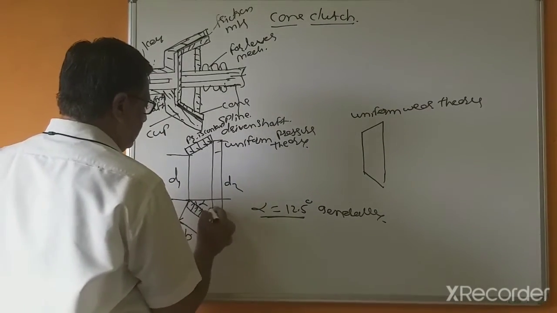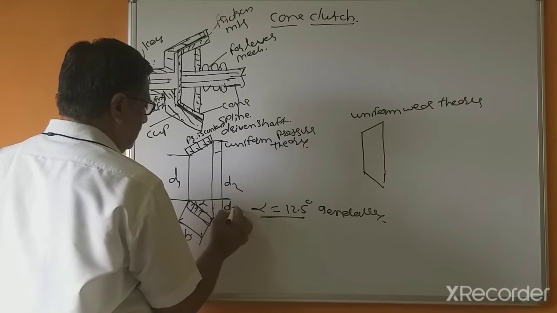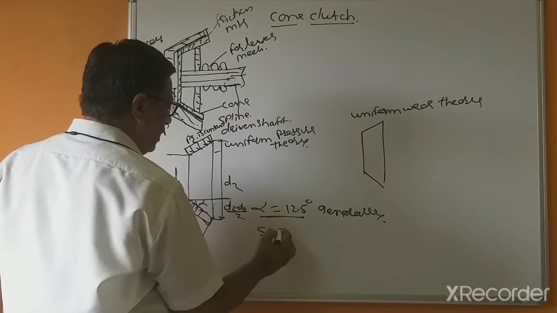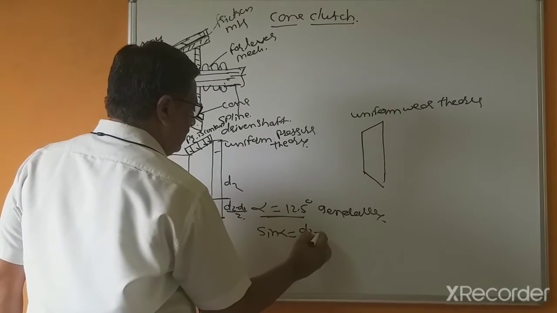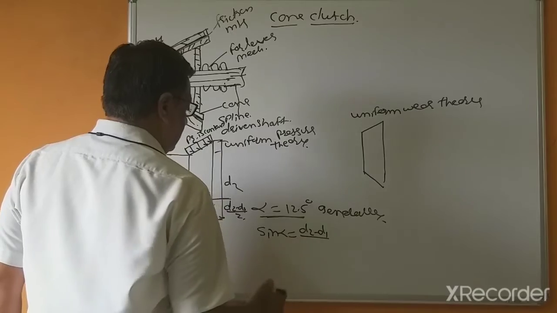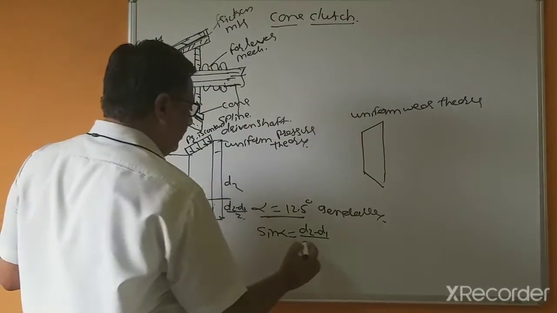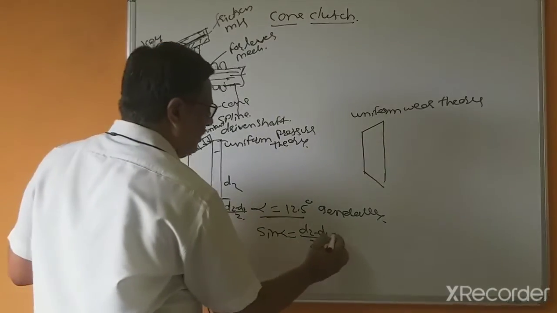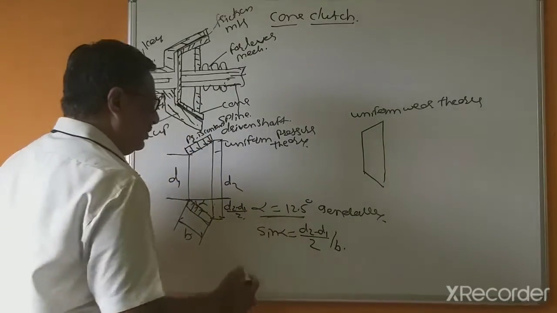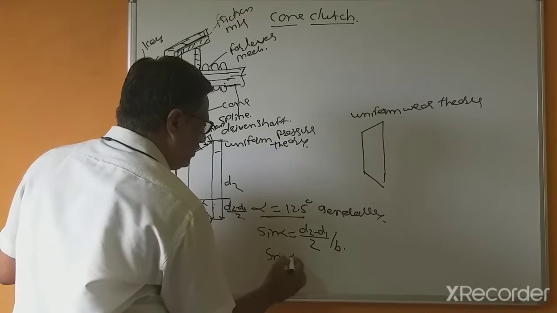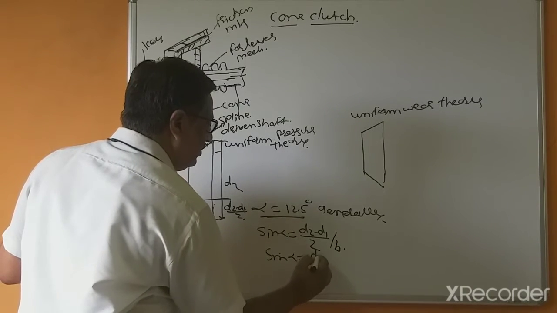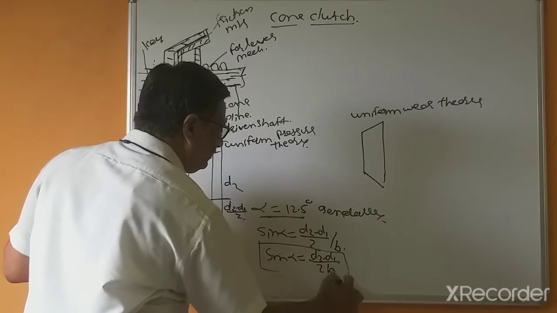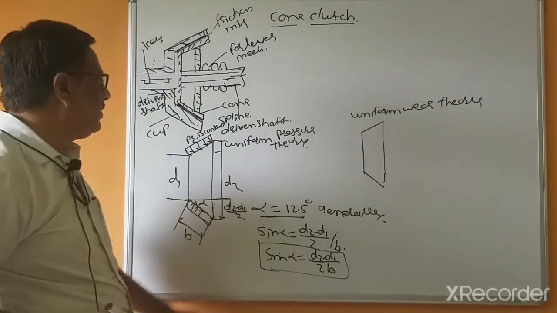So this is (D2 minus D1) divided by 2. So sin alpha equals (D2 minus D1) divided by 2, divided by B, or sin alpha equals (D2 minus D1) divided by 2B. So this is one more relation.